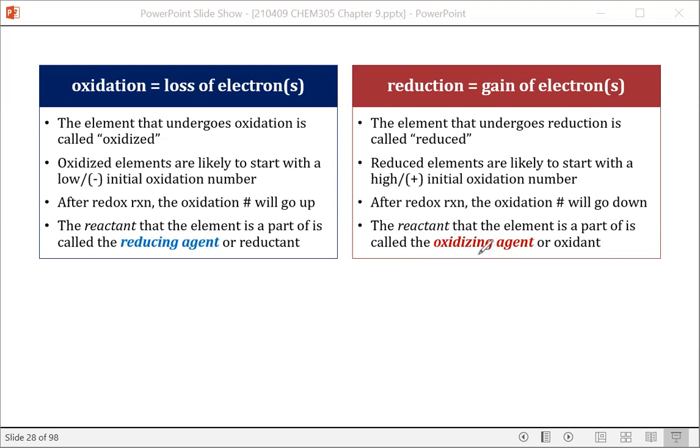So the agents are kind of the opposite of what's happening. Whatever element is being reduced, the compound that that element is a part of is the oxidizing agent. And whatever element is being oxidized, the compound that that element is a part of is called the reducing agent.